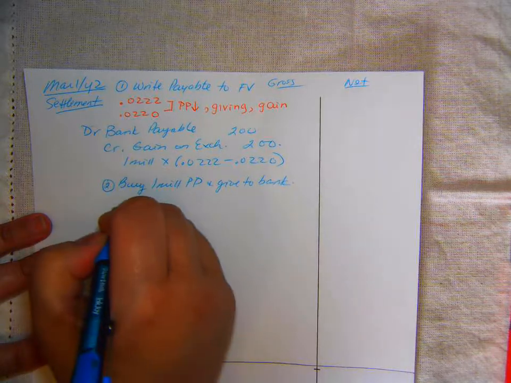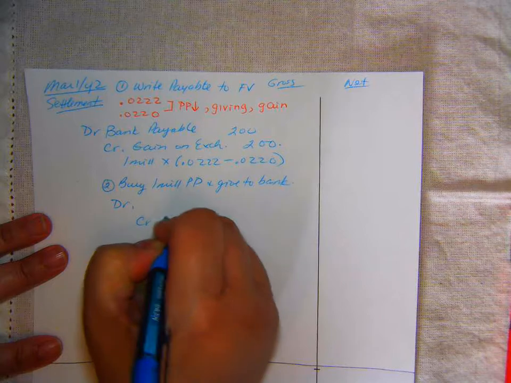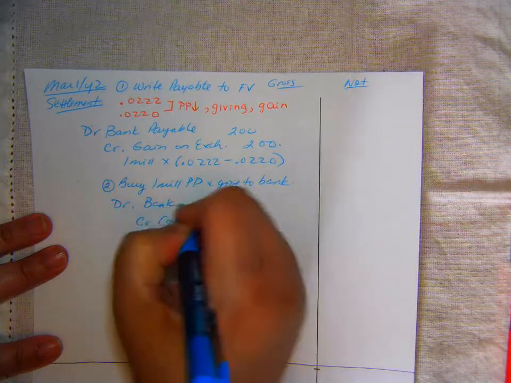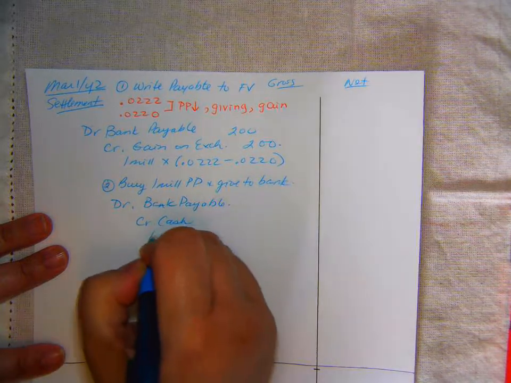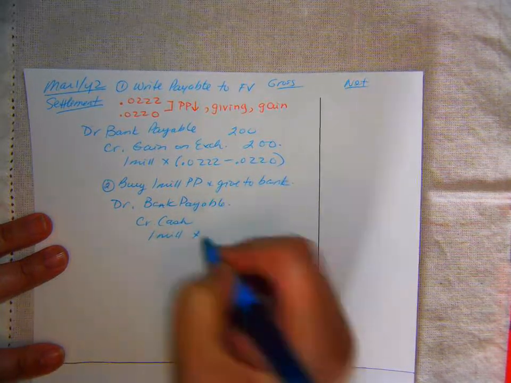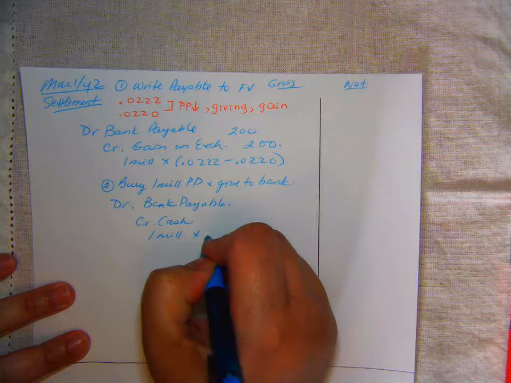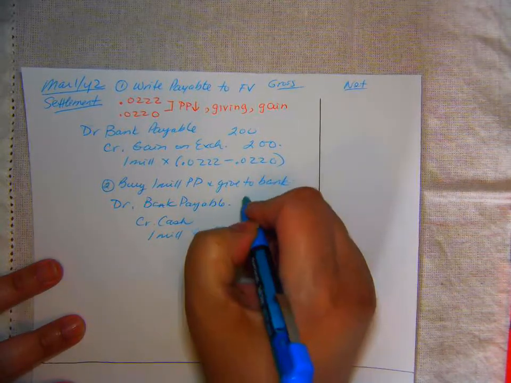So we're going to give away cash and debit the bank payable for 1 million times, well, how much do Filipino pesos cost today? It's 0.0220. So that's 22,000.